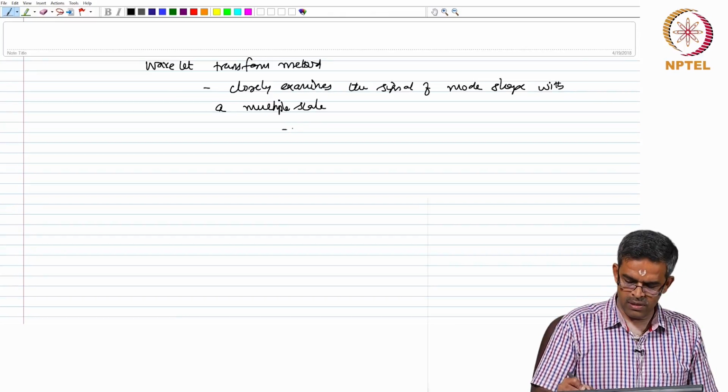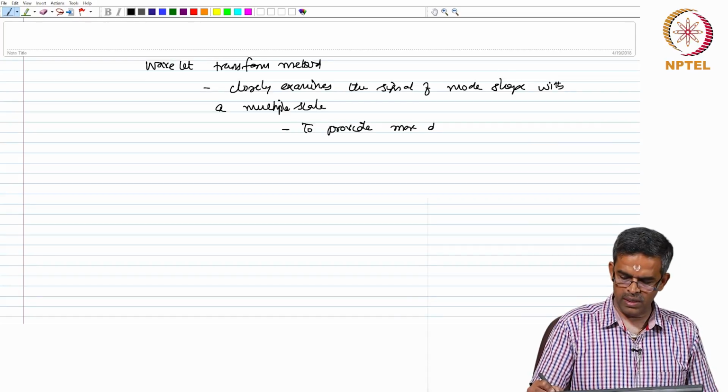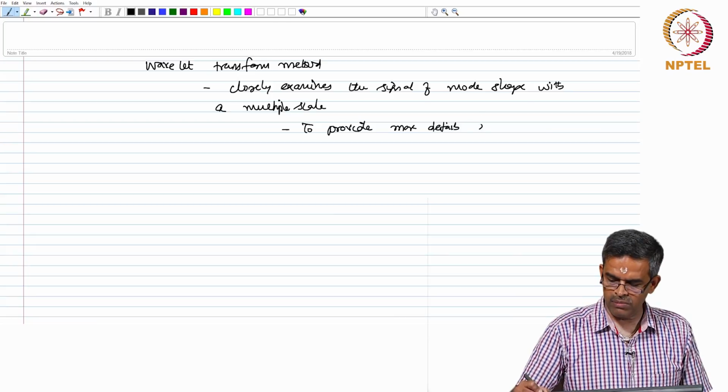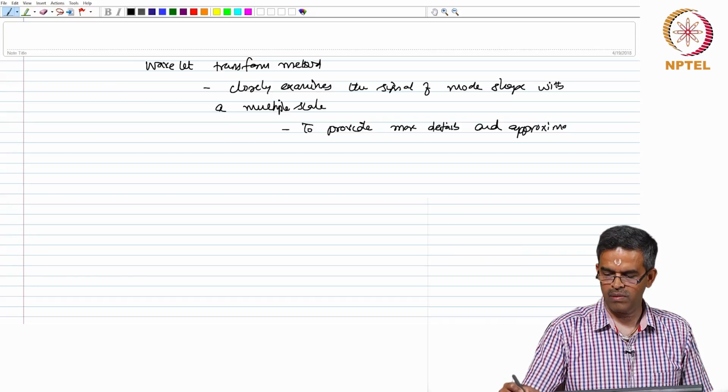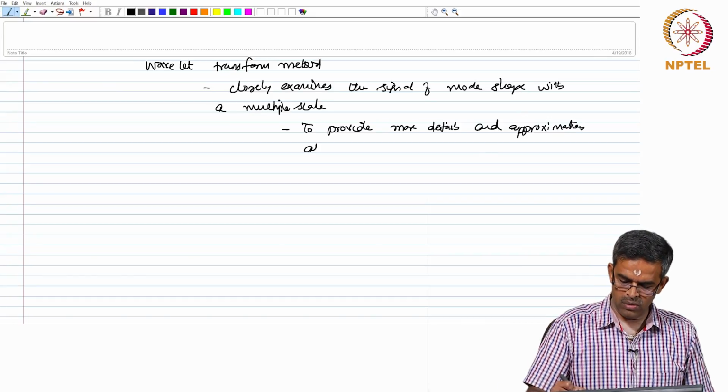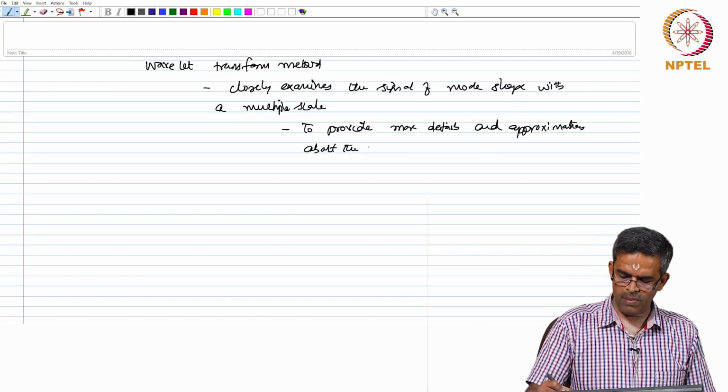The intention is to provide more details and approximations about the mode shape curve itself.